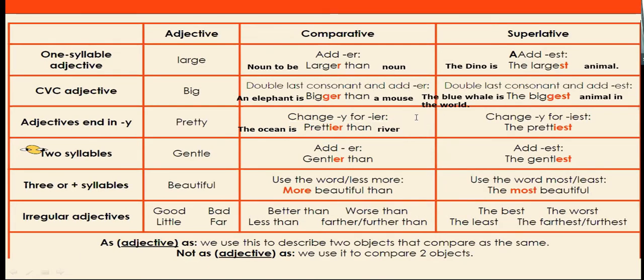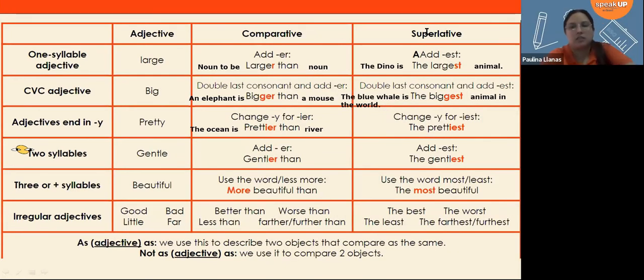And when we make a superlative with an adjective that ends in Y, to say that something is the superlative, we change again the Y, but now we add EST. So in this case, we would say something is the prettiest.